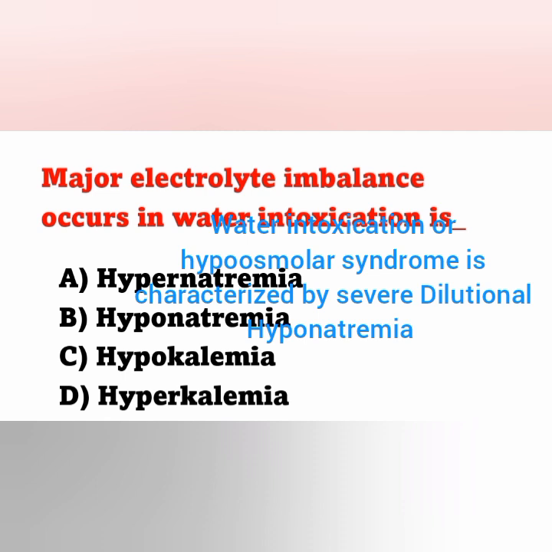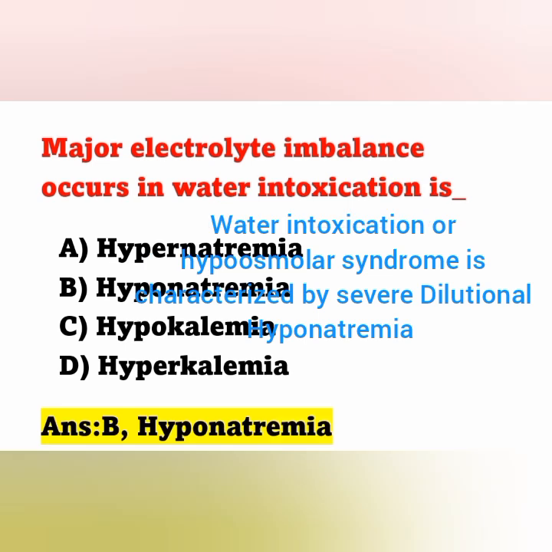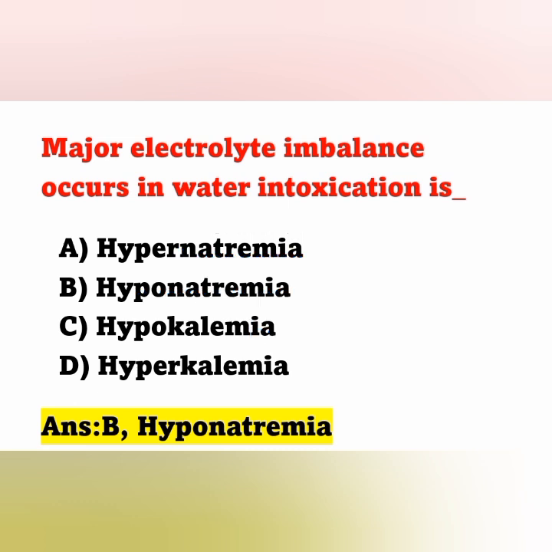So water intoxication or hypoosmolar syndrome is characterized by severe dilutional hyponatremia. Hyponatremia means decreased serum sodium level. So here in water intoxication, the major electrolyte imbalance is sodium. One of the main manifestations is severe dilutional hyponatremia.